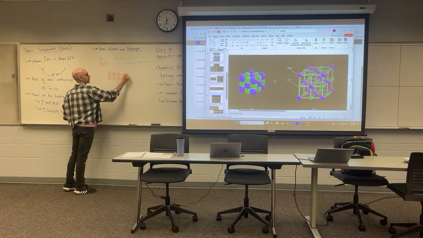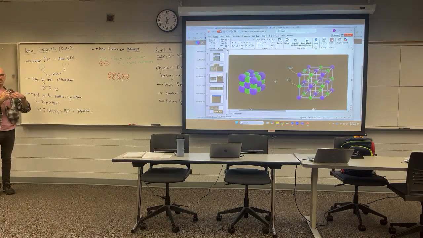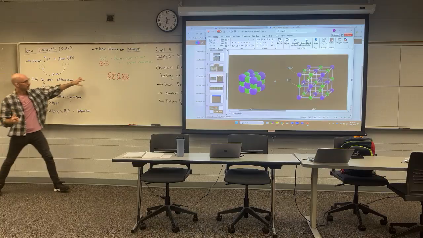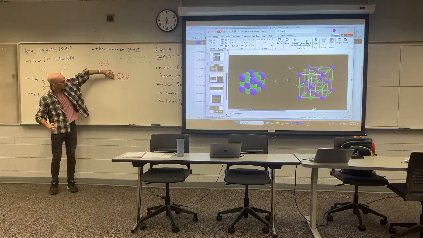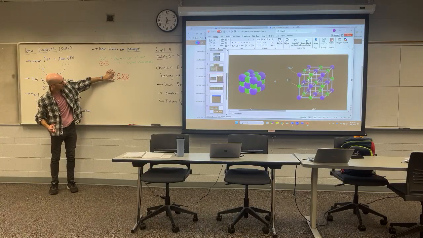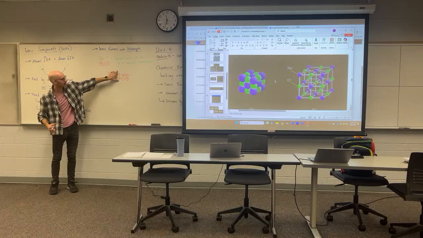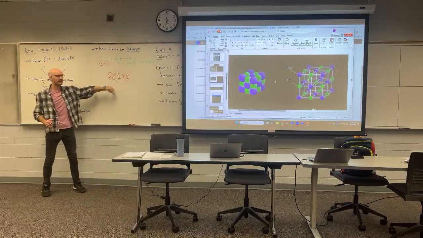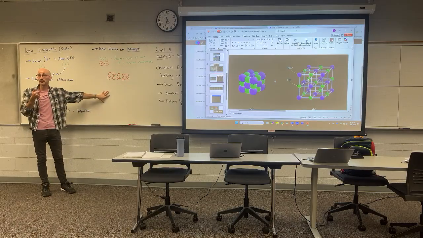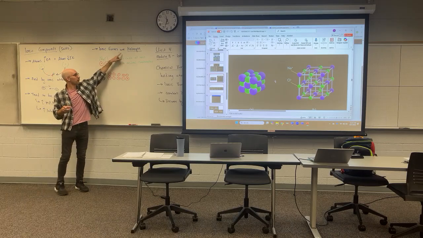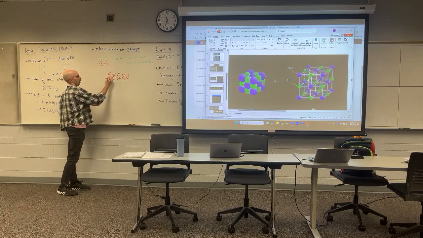And when these come together, they just continue to stack. Here's NaCl, here's NaCl, here's NaCl. This is all NaCl. This is why it's crystalline, because these forces are felt in all directions evenly.